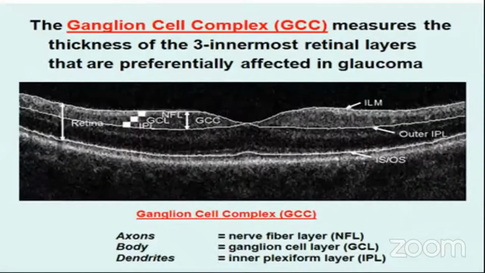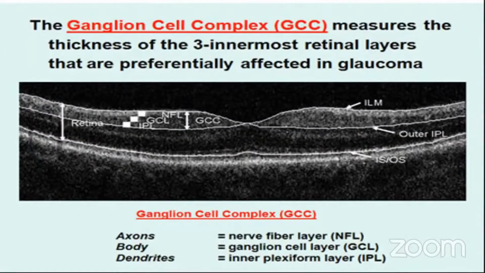So what is the ganglion cell complex, and why are people more interested in studying ganglion cells? Besides glaucoma, I have also seen research in myopia and other subspecialty areas.